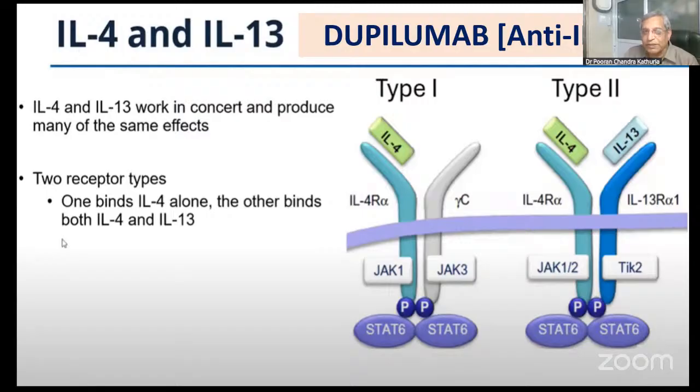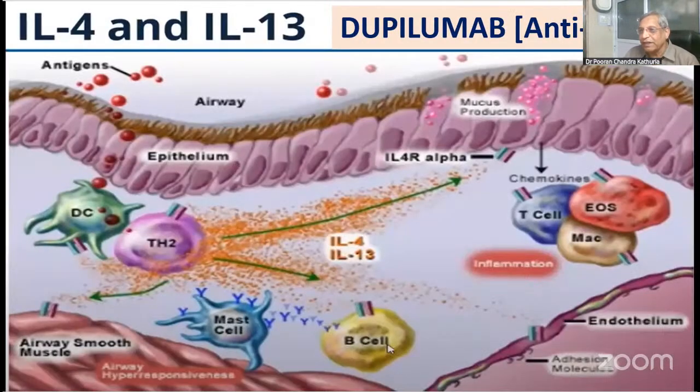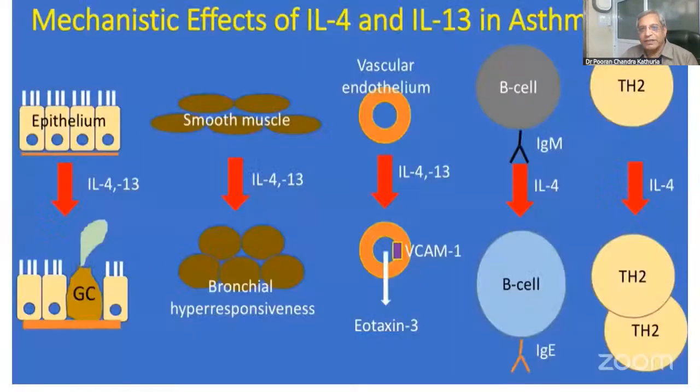एक तीर से दो निशान. IL-13 is the cytokine responsible for the ongoing remodeling at the level of the epithelium. We know that at the level of the epithelium there is an intrinsic nitric oxide production. Once this is interfered with, there is excess formation of nitric oxide, and we have a high FeNO, fractionated exhaled nitric oxide. So at the epithelial level, and also at the level of the smooth muscle, IL-4 and 13 act.